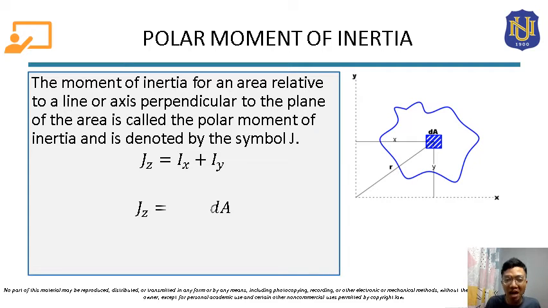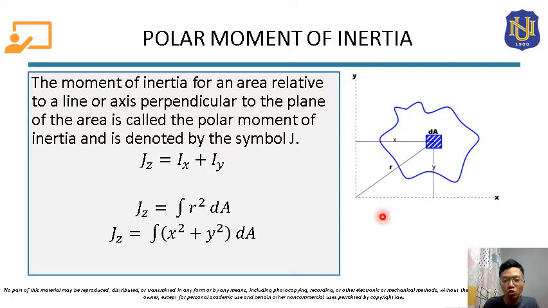We can solve for that moment arm r using the Pythagorean theorem. In this triangle, this is y, this is x, and this is r, the hypotenuse. So r squared is equivalent to x squared plus y squared.